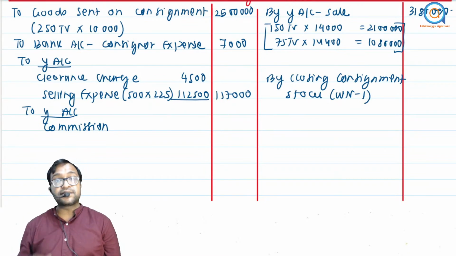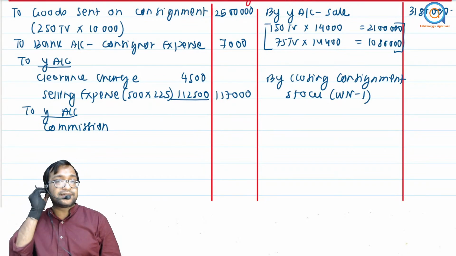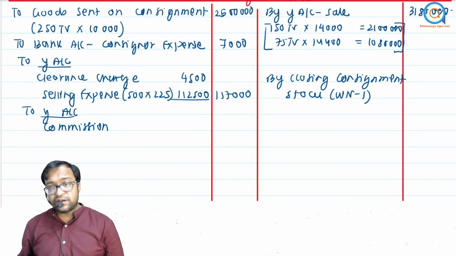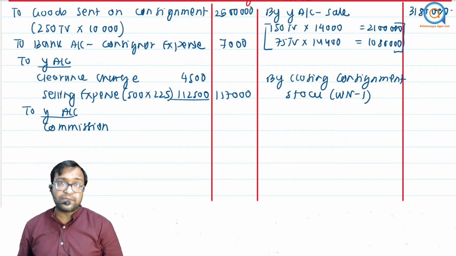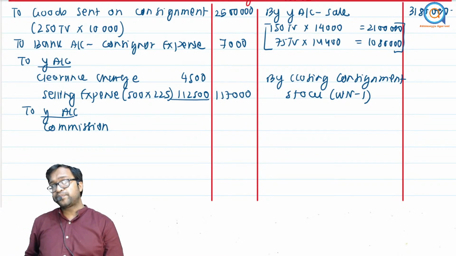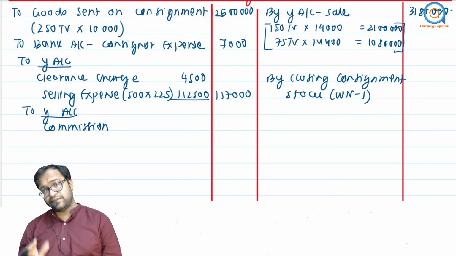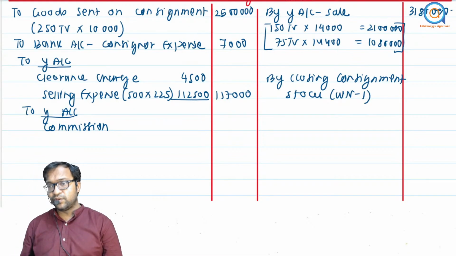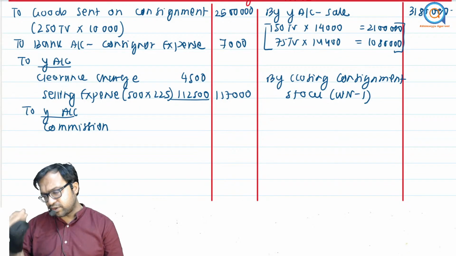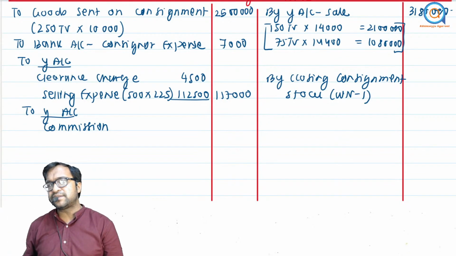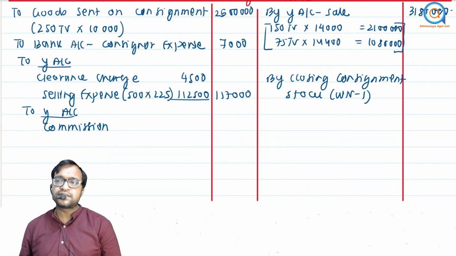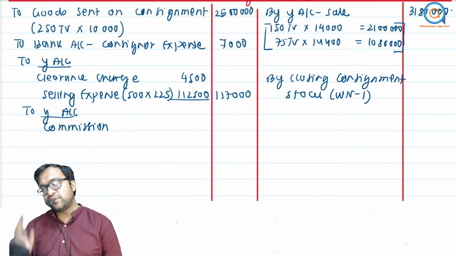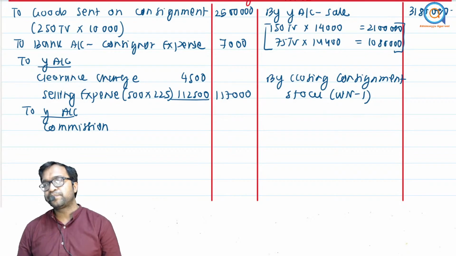Move your hands fast. Now your speed should increase, because this CA Foundation accounts paper this time is going to be very lengthy. It will be easy, trust me. Those who have done classes with me surely know that everything will be done in class. Nothing will come which we have not done in class. But the paper will be very lengthy, so your speed should be good.